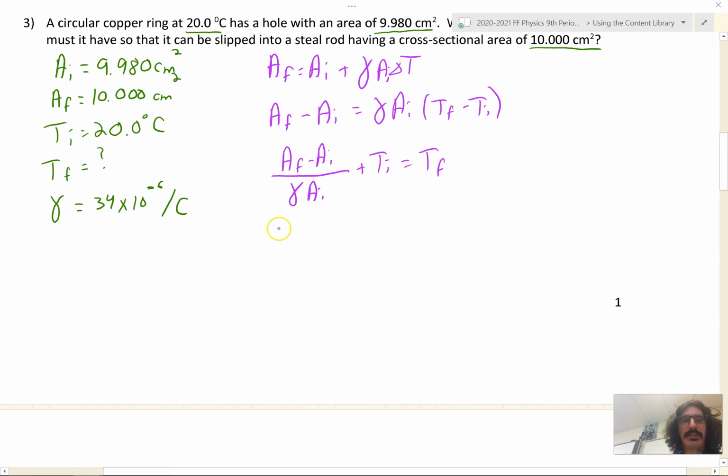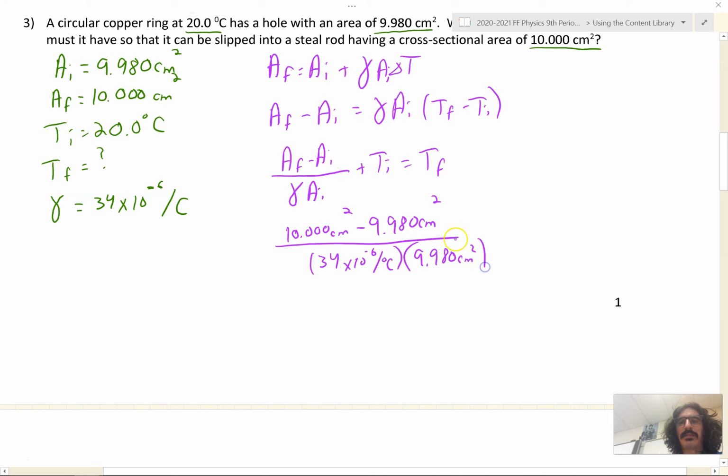So let's plug and chug. 10.000 centimeters squared minus 9.980 centimeters squared all over 34 times 10 to the negative 6 per degree Celsius times A sub I, 9.980 centimeters squared, plus the initial temperature, 20.0 degrees Celsius.